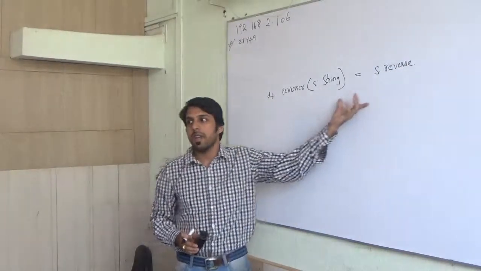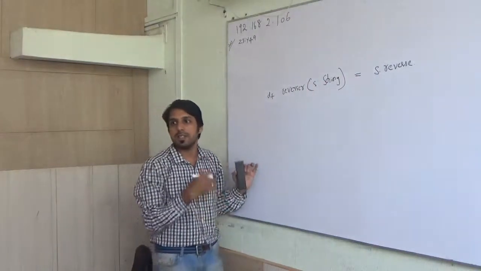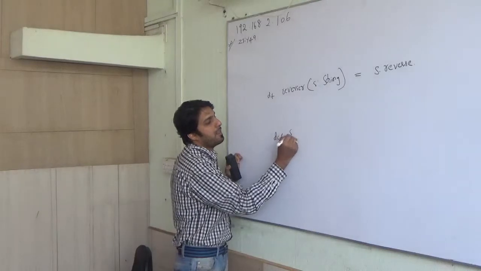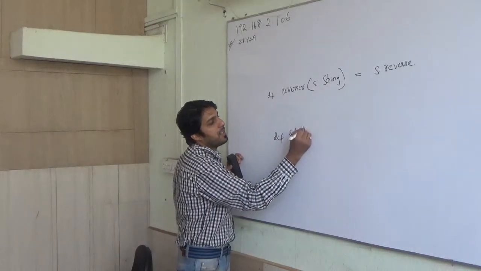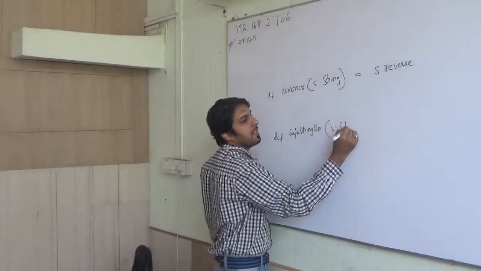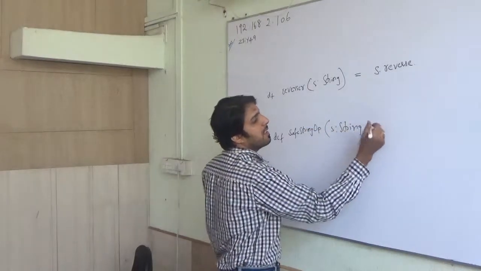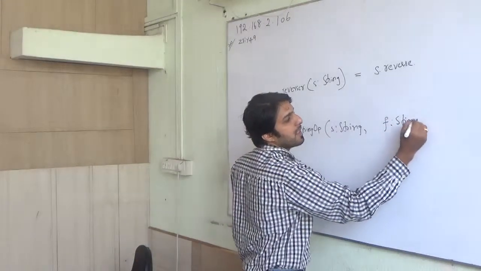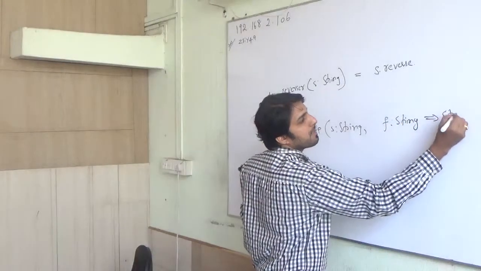This is what we have. Reverse function which does the string reverse. Then we had def saveStringOperation which takes a string, then takes a function of type string input and return type as string.